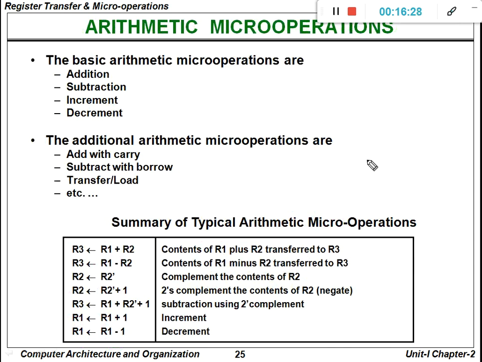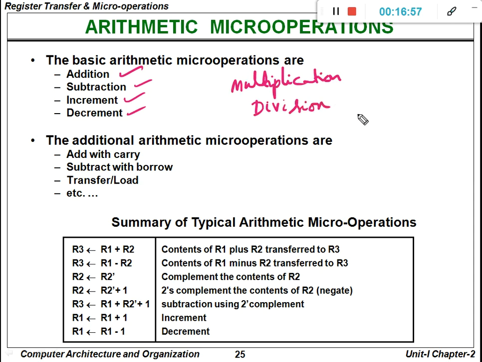Coming to the arithmetic micro operations, the basic arithmetic micro operations we know already are addition, subtraction, increment, decrement. However, we know some additional arithmetic micro operations also, such as multiplication and division.